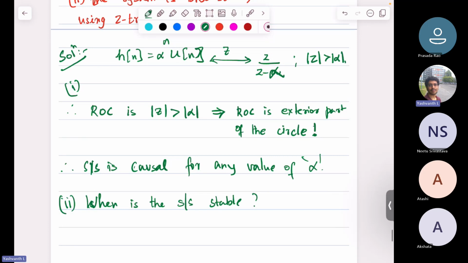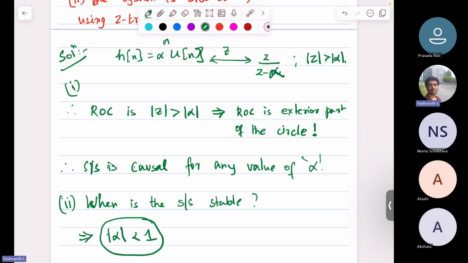So now can you use both these conditions and tell me what should be the condition on alpha so that the ROC will contain the unit circle? Sir, alpha should be less than 1. Exactly.